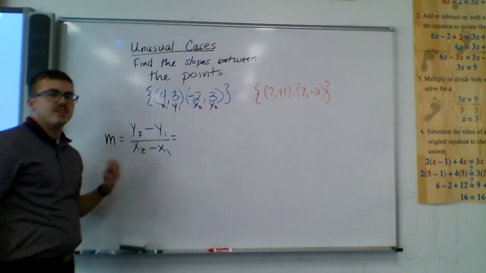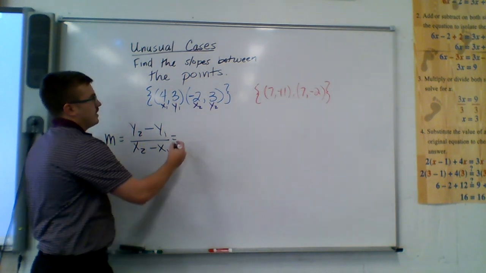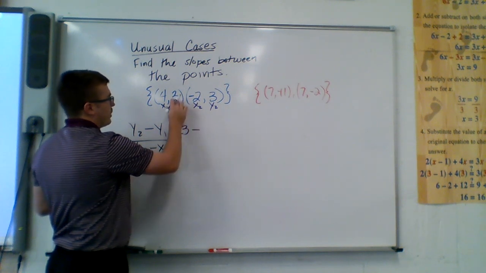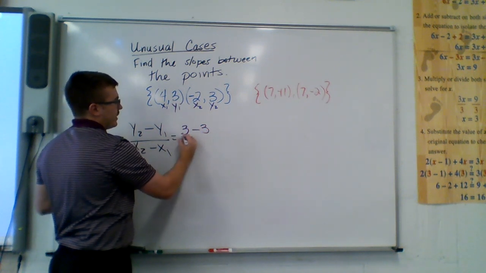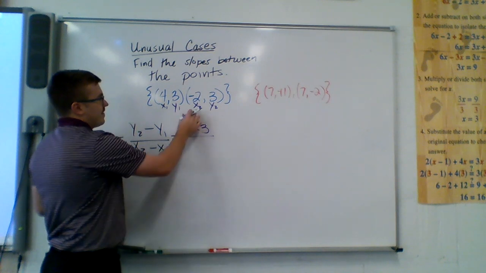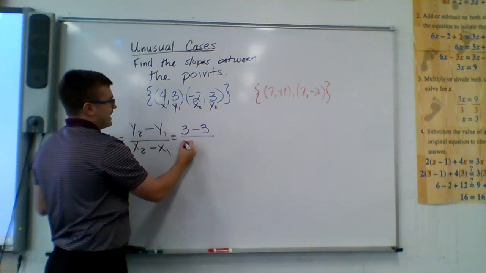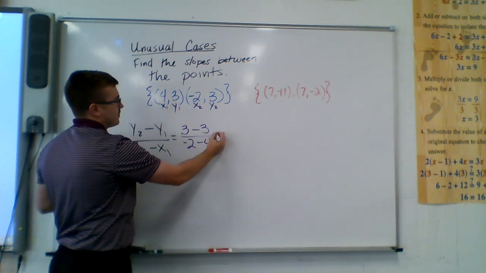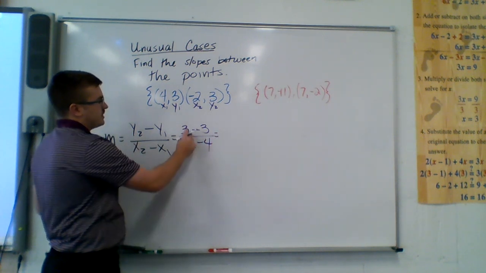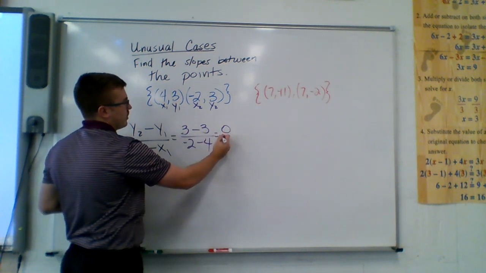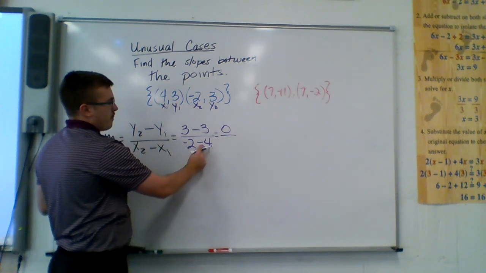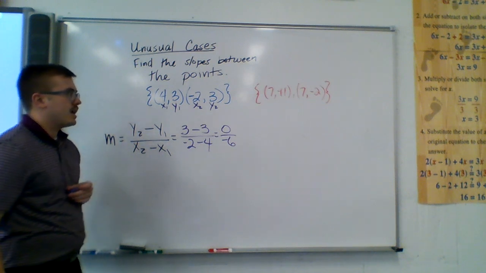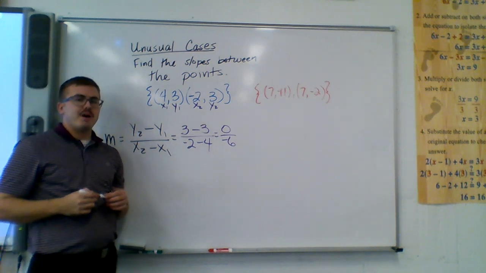So then when I plug these points in, my y2 is 3, my y1 is 3. 3 minus 3 on the top. Then I've got x2 is -2, x1 is 4. When I subtract these, 3 minus 3 gives me 0. -2 minus 4, that's -6. 0 divided by -6.